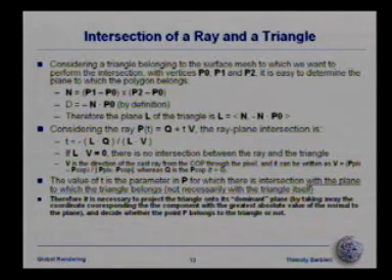And here are a couple of ideas for handling the problem of intersecting the ray with a triangle. If you know P0, P1, and P2, which are the vertices of the triangle, then you can calculate the normal of the triangle using the usual vector product technique and convention that we already know.